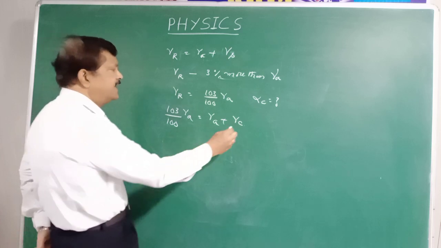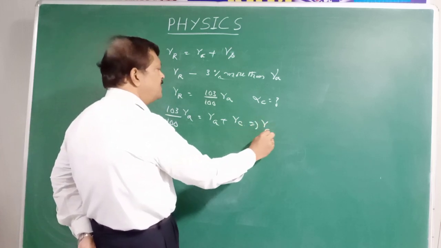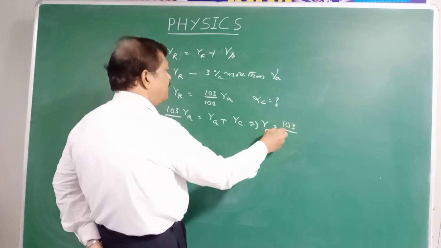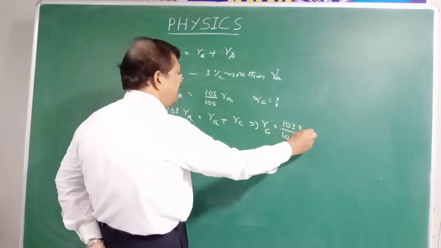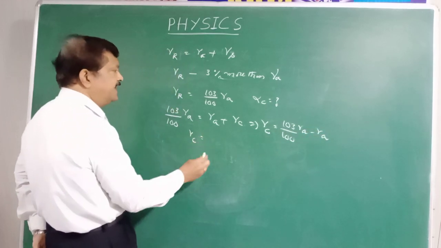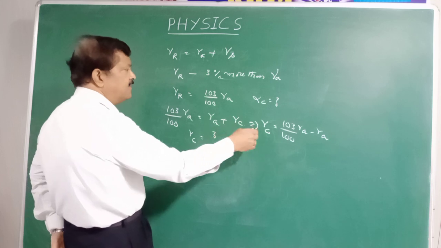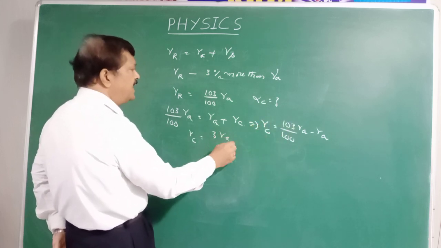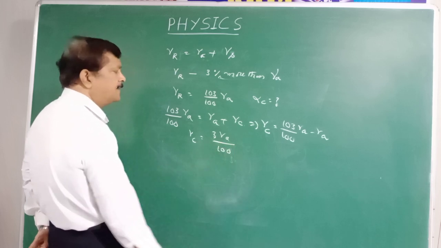So this indicates that the coefficient of volume expansion gamma of the container is 103 by 100 into gamma A minus gamma A. Taking LCM, it is 3 gamma A divided by 100.